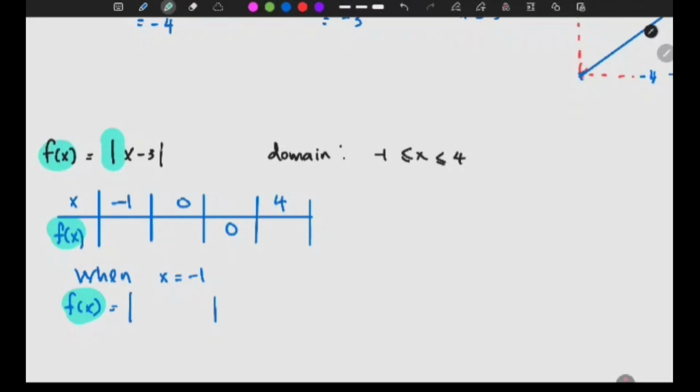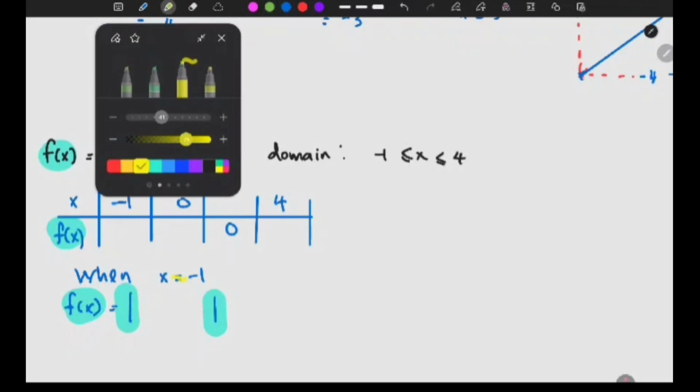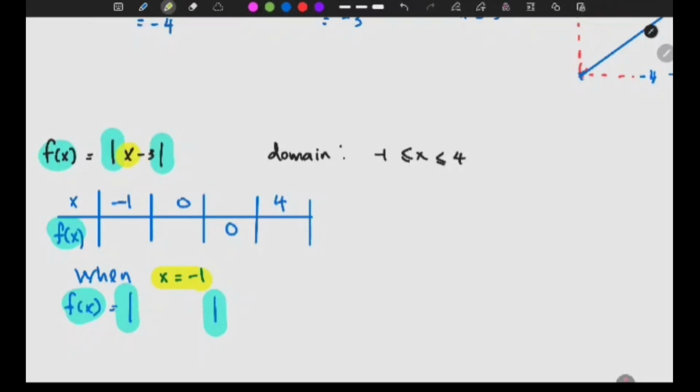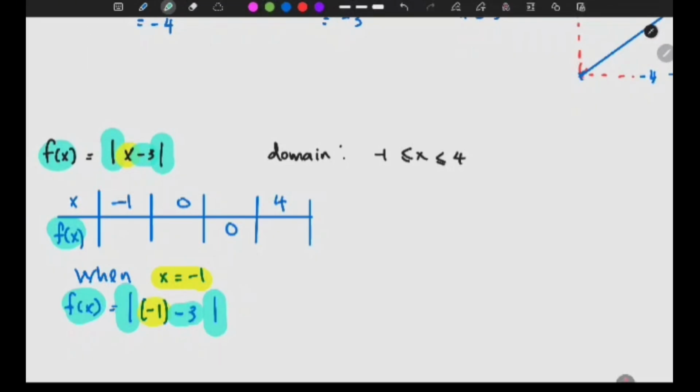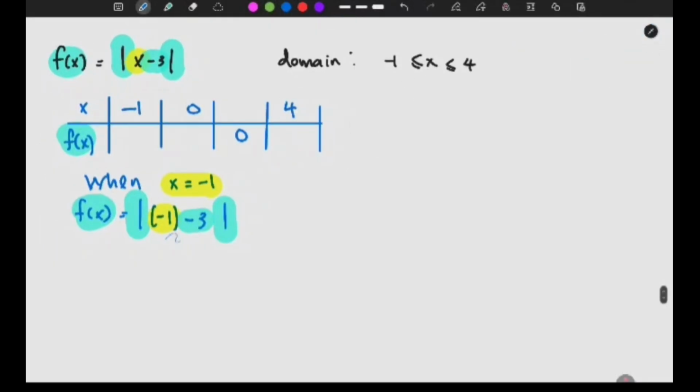Next, I know my x is -1, so let me replace my x with -1, and minus the 3. The minus 3 part is the same thing. What I have to do now is just simple mathematics. -1 minus 3, I get -4. And guys, don't forget, I have a modulus inside. The modulus I maintain. I did not do anything.